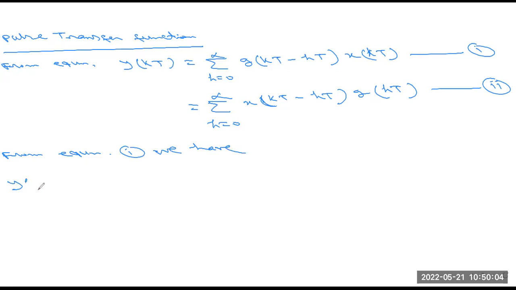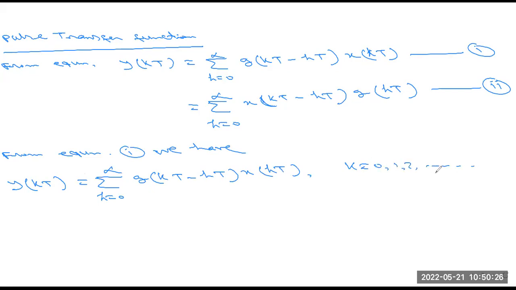From equation 1, we have y(kT) is the summation of h from 0 to infinity of g(kT - hT) x(hT), where h is equal to 0, 1, 2, dot dot, where g(kT - hT) is equal to 0 when h is greater than k.